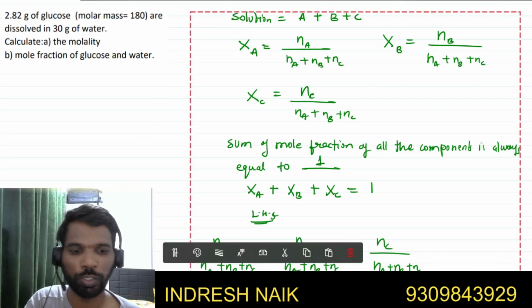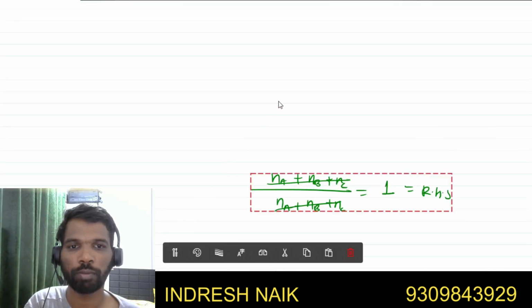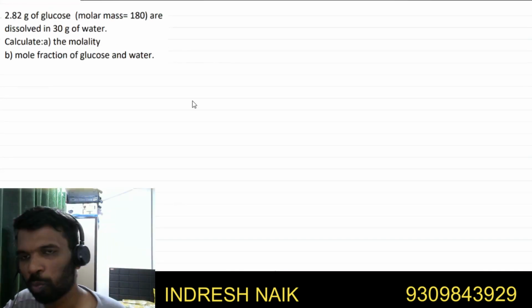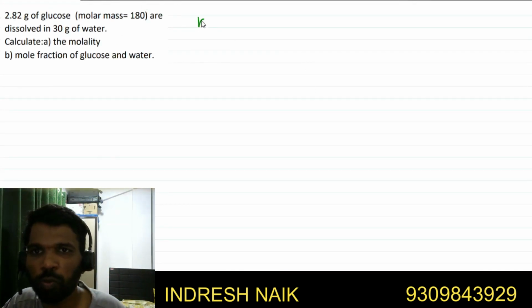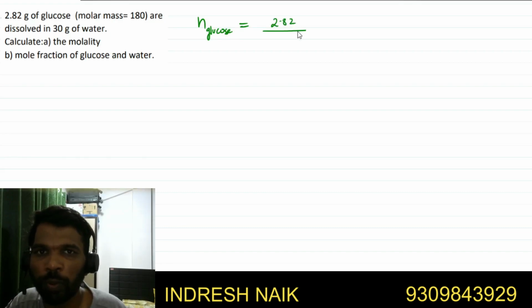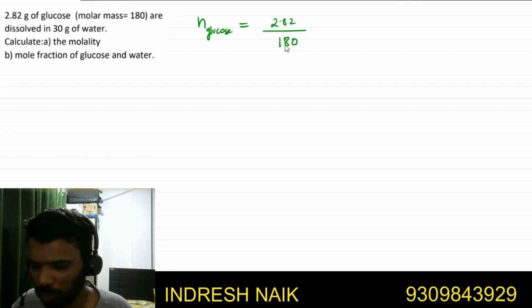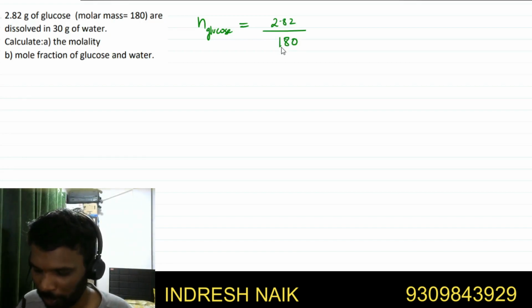So now the question is, we need to find the mole fraction of the glucose. For that, we need to know the number of moles of glucose. Given weight of glucose is 2.82 divided by 180.